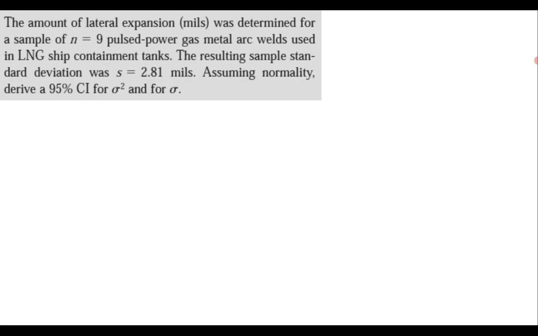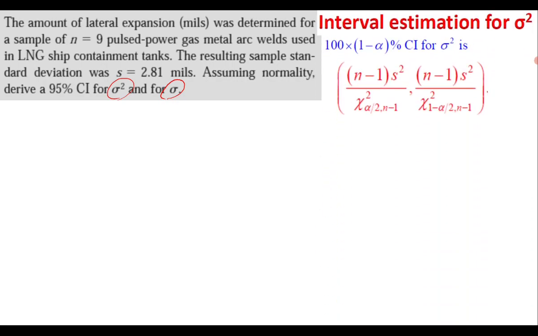The next question asks for the confidence interval for variance sigma square, so population variance. For the confidence interval of population variance, there is only one approach, which is using chi-square. So that's why there is no confusion. The confidence interval is given as follows.